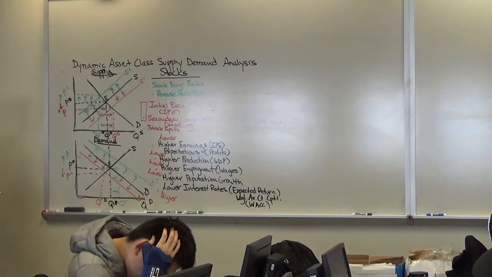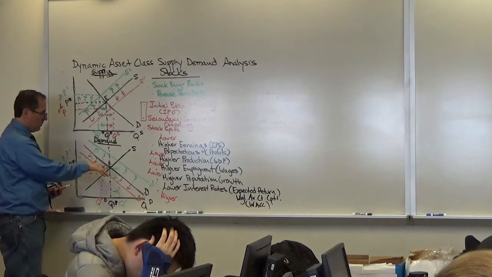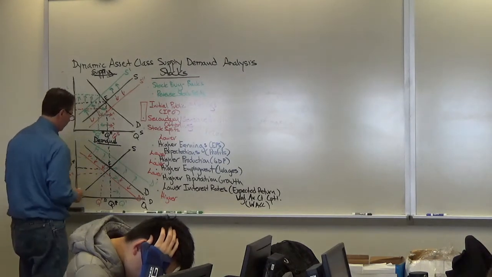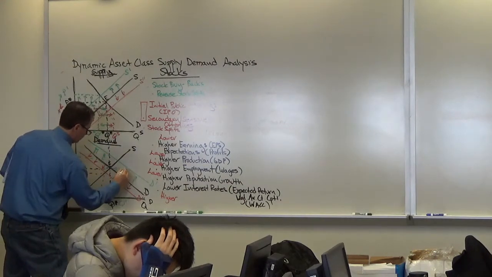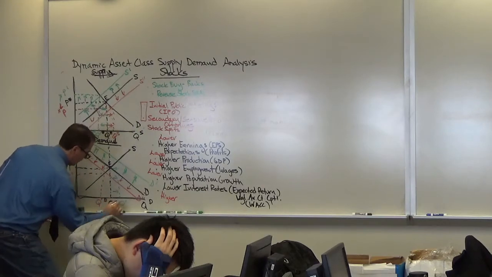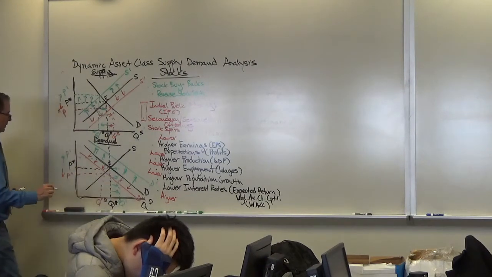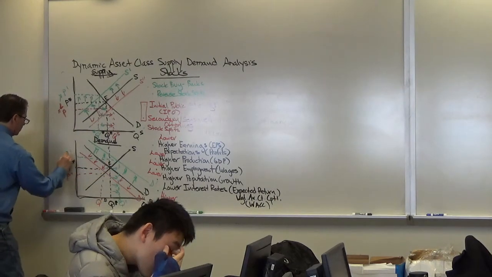What would cause, let's do the demand side now. Okay. So what would cause the demand curve to shift up? Cause the quantity demanded to shift out and cause the prices to go up.